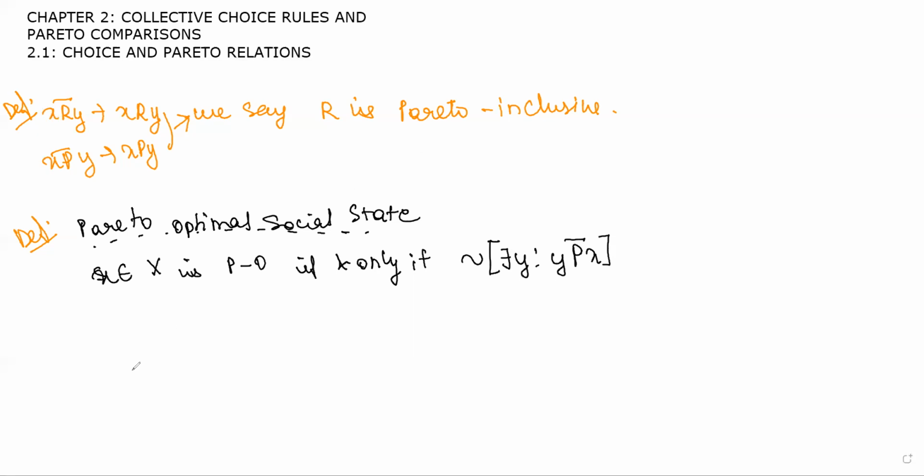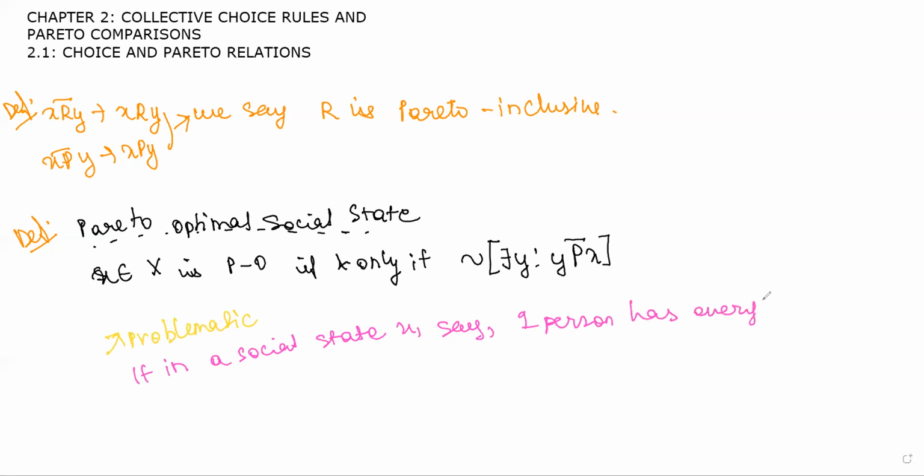Now, an aside on this, why this is problematic. This essentially means that if in a social state x, say one person has everything, while others have nothing, it is still Pareto optimal. Why is this true?